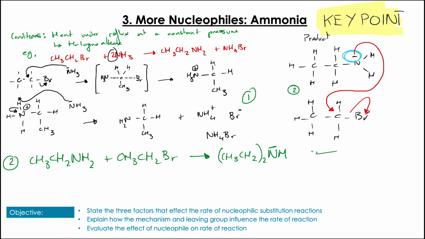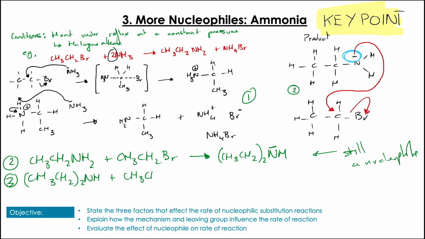And of course, we're also going to still have produced another nucleophile. So again, we can add that product can still act as a nucleophile if we're running low on ammonia and react with more of the halogenoalkane. And if you are perceptive to the trend, what can happen with this? Well, this is still a nucleophile.